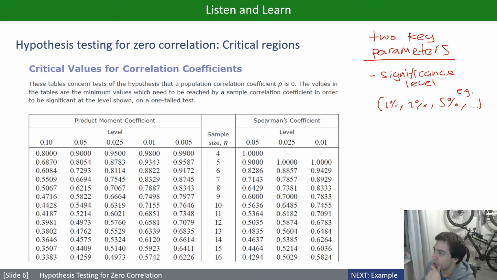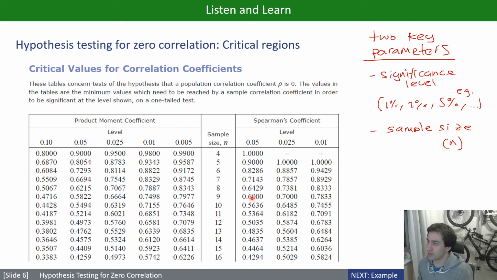And the second thing is the sample size, which we use the letter n to refer to. So the sample size that you used, or the amount of bivariate data you have, is going to influence your critical value.